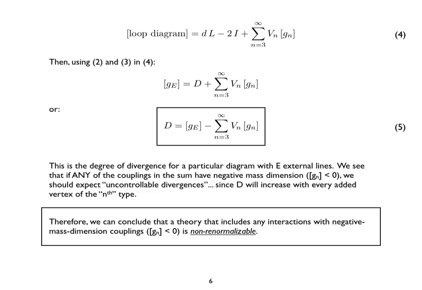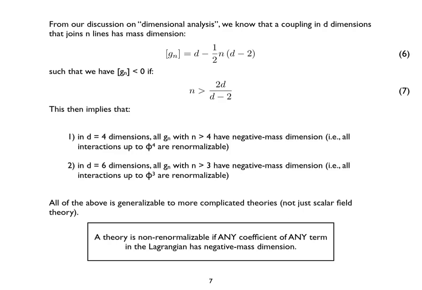But you can work out, according to the number of dimensions that you have, what the mass dimension of your couplings are. You can solve it, and you get an equation that looks like equation 6. You find that these couplings are going to have negative mass dimension if n, the number of external lines, is greater than 2d over d minus 2.